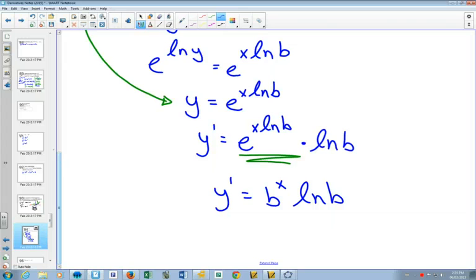And that's a little proof using the fact that we know the derivative of e to the x is e to the x, and using the chain rule, we can derive that the derivative of anything else is b to the x natural log of b. I don't know, maybe just memorizing it is easier than coming up with the technique of proving it, I'm not sure. But there's the derivative. Now b can be any number, and you could figure it out from there.